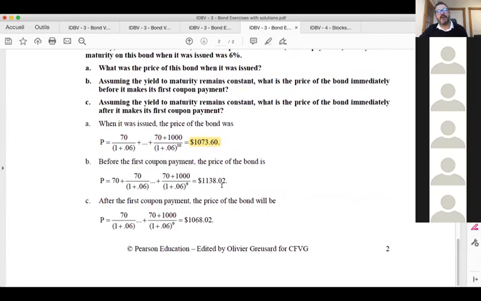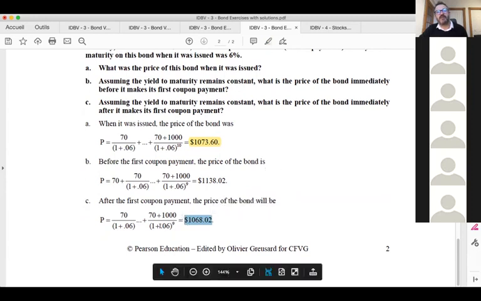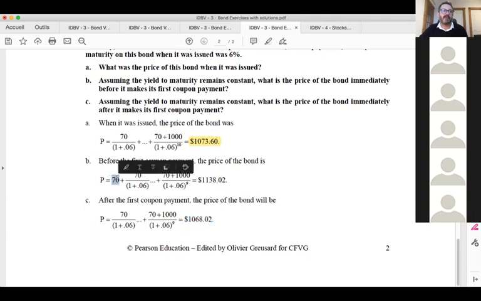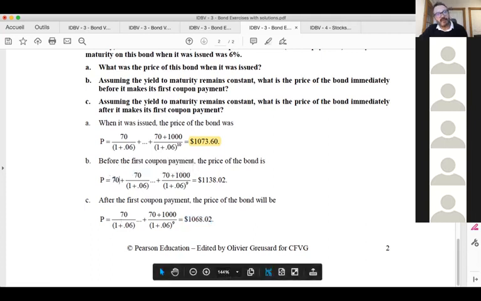Or you can say, I do the price after the first payment, I know it's 9 coupons to go, and then I add the coupon back. So we can see here the way it's written, it's interesting.